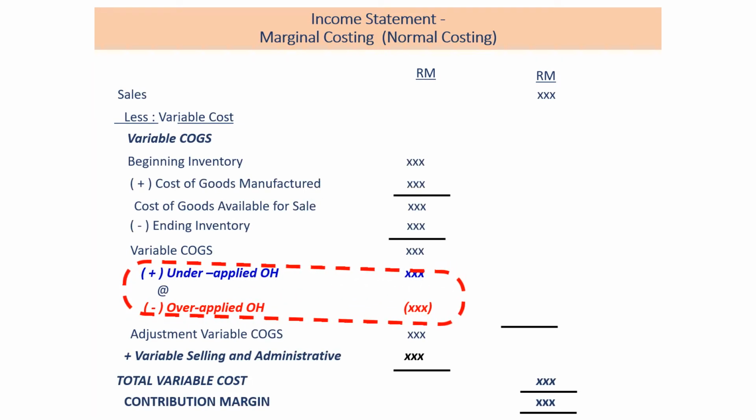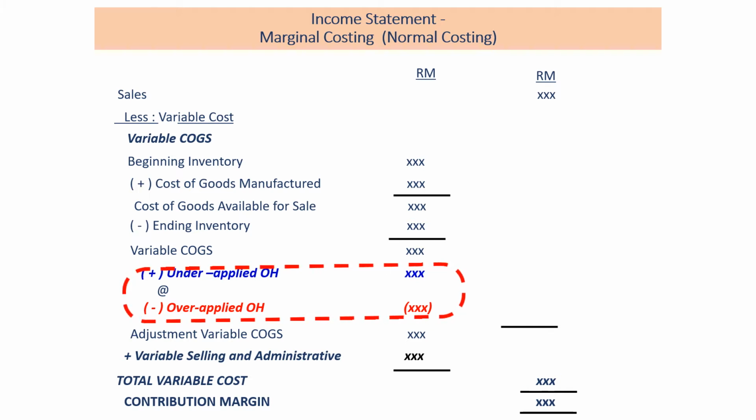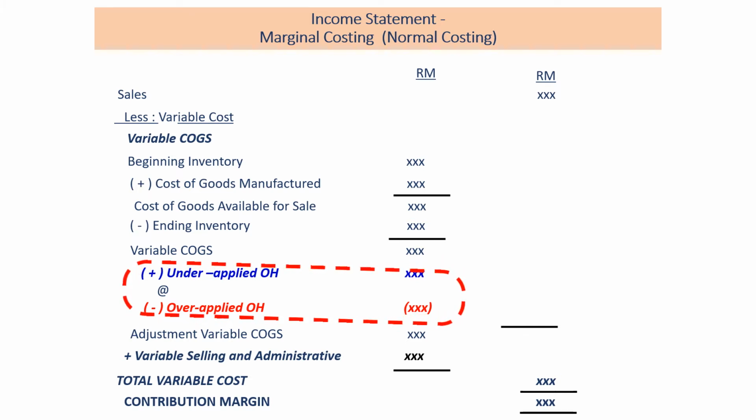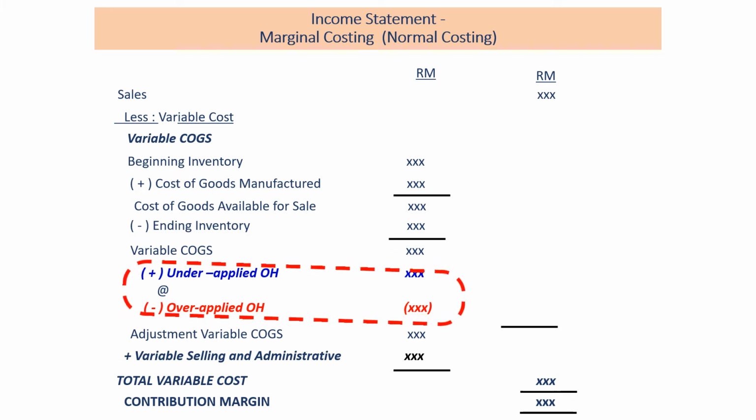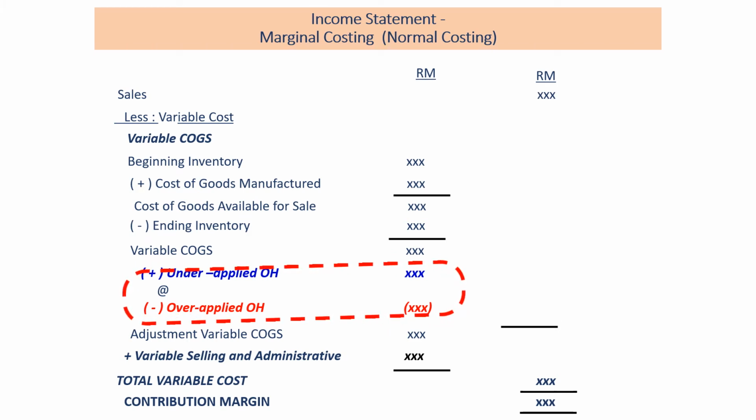Okay students, take a look at the illustration of income statement for marginal costing under normal costing. Sales minus variable cost of goods sold. An adjustment of cost of goods sold should be made under normal costing. It only considers applied variable manufacturing overhead.